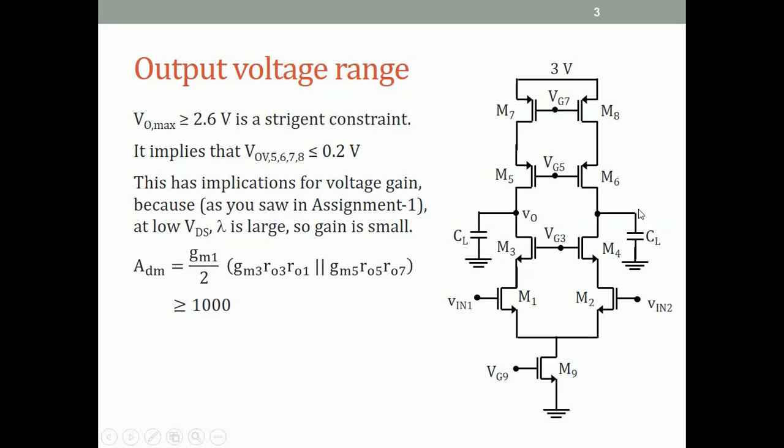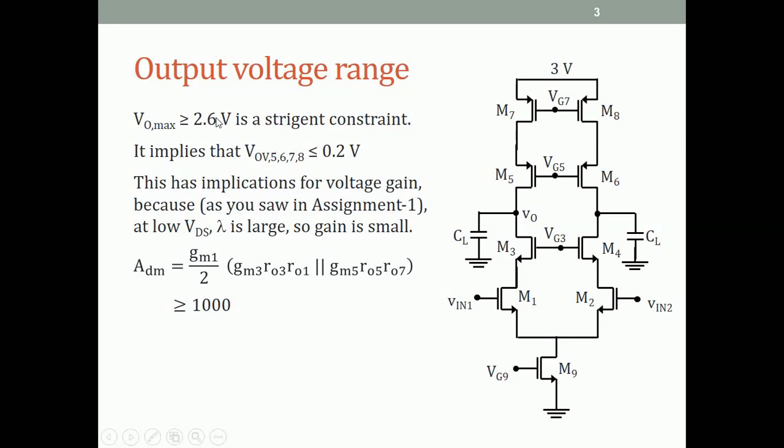Why? Because as you may recall from the data of assignment 1, the smaller the drain source voltage across a transistor, the larger is its lambda, and therefore the smaller is its gain. Therefore one has to choose the values carefully. Okay, so with this we begin the design with this recognition, to meet 2.6 volts.